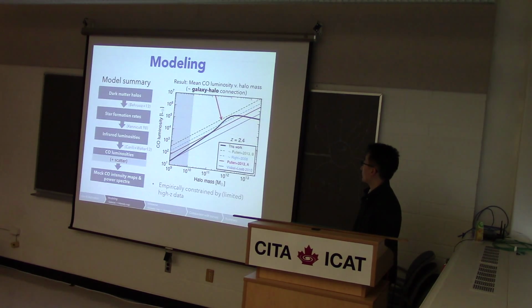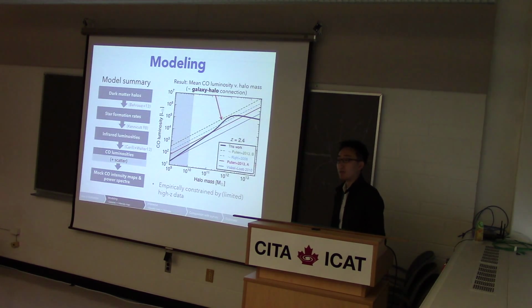One thing you might note is that our model is not linear, which almost seems like a very trivial thing to say, but it actually does affect the shape of the power spectrum that we get. And this will become important later on. Every single step in this model is empirically constrained by whatever limited high redshift data we have. It may be somewhat sparse, but we work with the data that we do have.